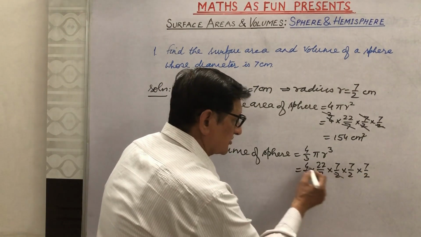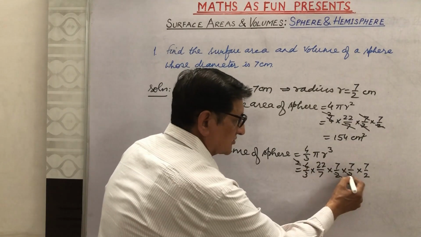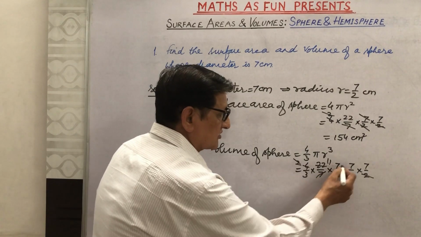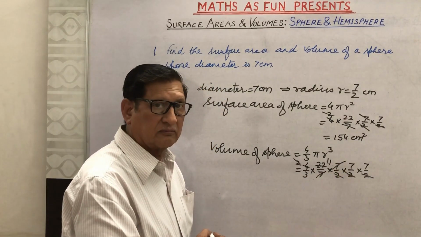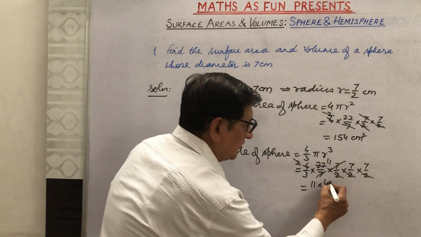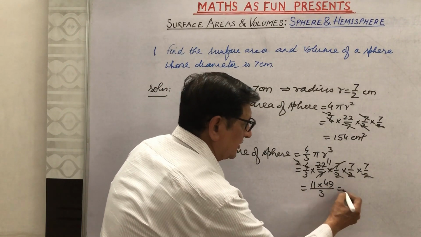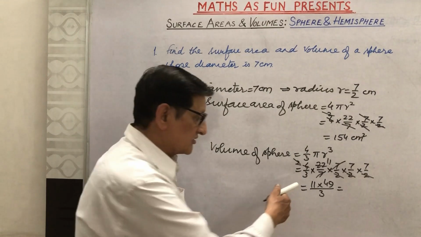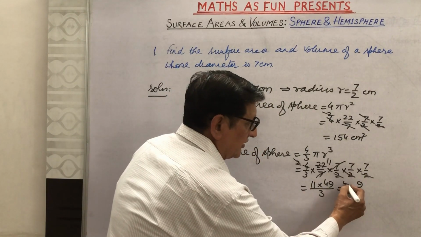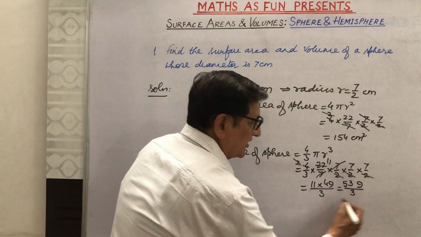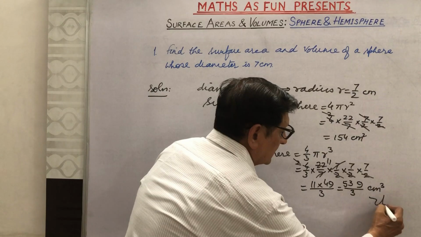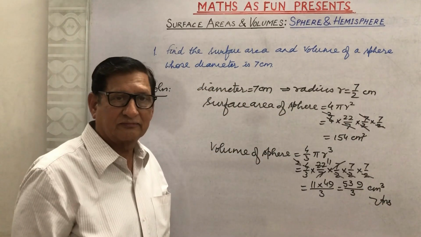This 2 cancels this twice, this 2 cancels this 2, this 2 cancels this 11 times, and this 7 cancels this 7. This comes as 11 into 49 divided by 3. 11 nines are 99, 11 fours are 44 and 9 makes 53. So this comes as 539 upon 3 centimeter cube. That is the volume of the sphere.